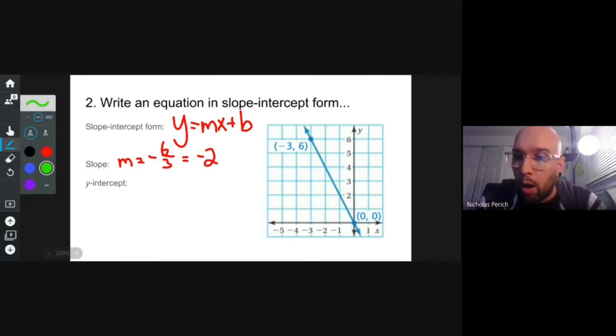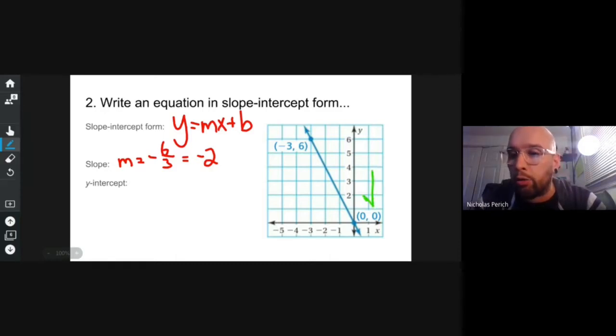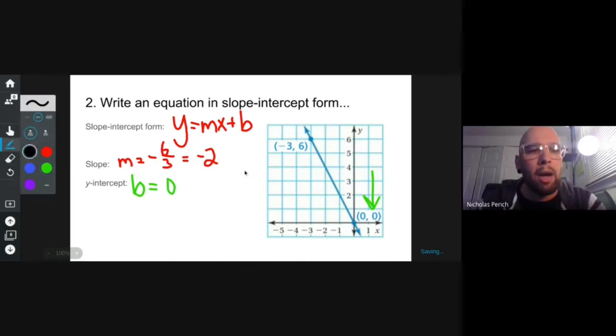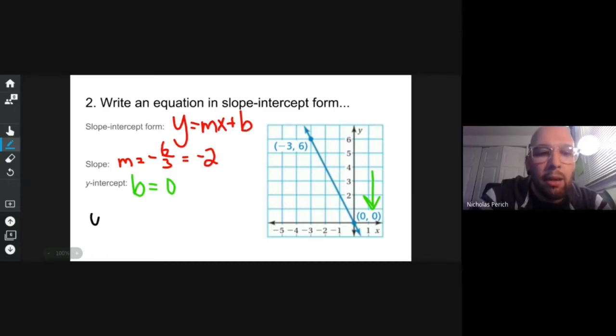What's my y-intercept? Well, I go to my y-axis, and my y-intercept is the point where my line goes through it. It goes through it at 0, at the origin. And so my y-intercept is 0. So I go up here and I rewrite my entire equation. Y equals m. Well, I now know that m is negative 2.